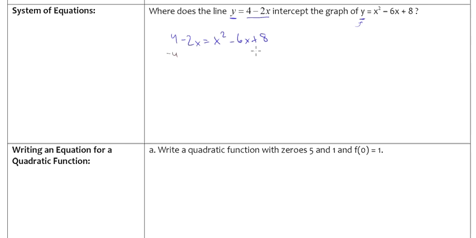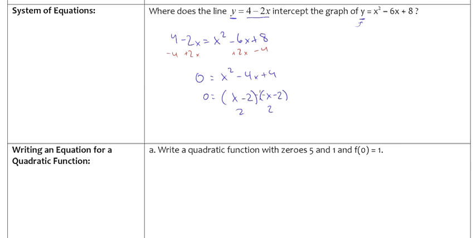So I'm going to subtract 4 from each side and add 2x to each side. That gives us 0 is equal to x squared minus 4x plus 4, and that's going to factor out to x minus 2 and x minus 2 equals 0. For both of these, the solution is going to be 2, and let's find out where.